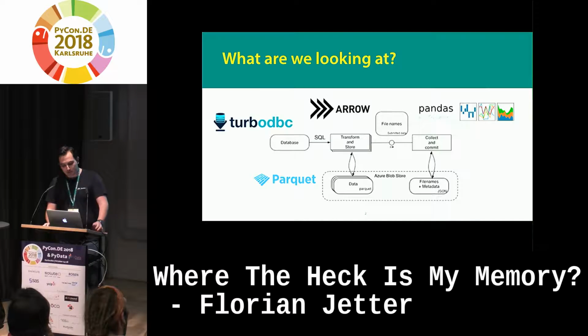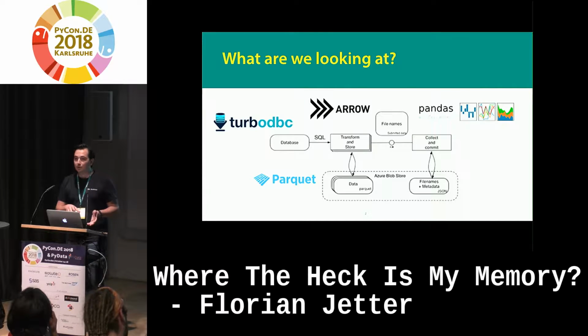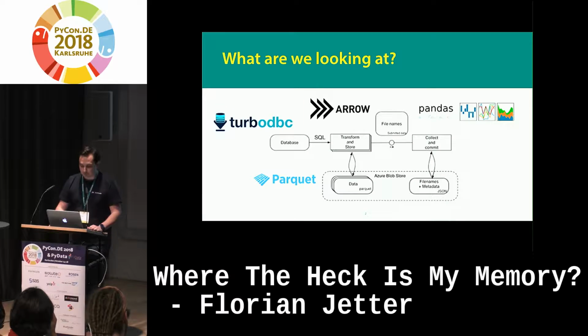Doesn't matter that much, but we store it in a Parquet file, and eventually we submit some metadata over the network. At the time, this was just very thin metadata, essentially the file names we were storing the blobs in.